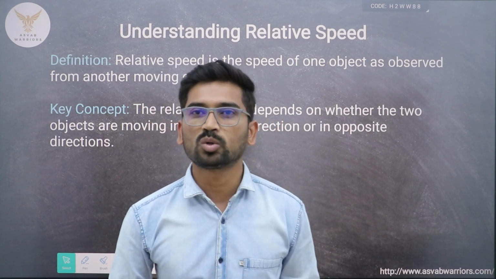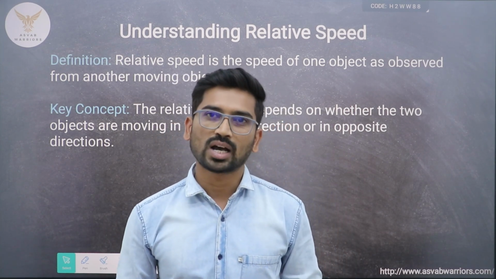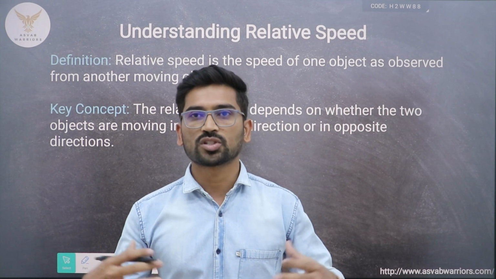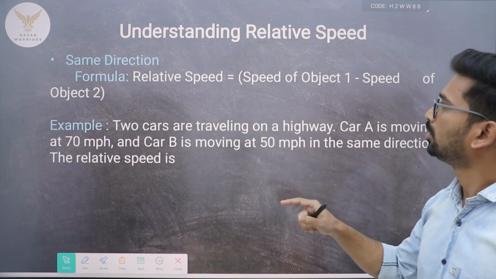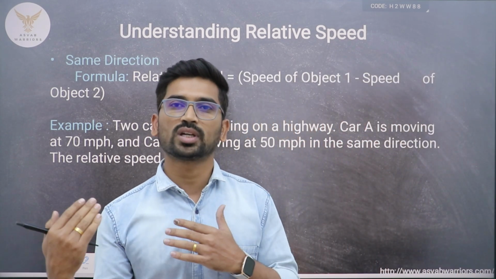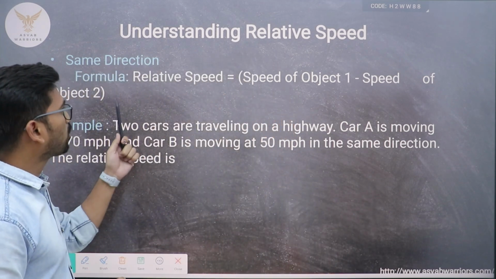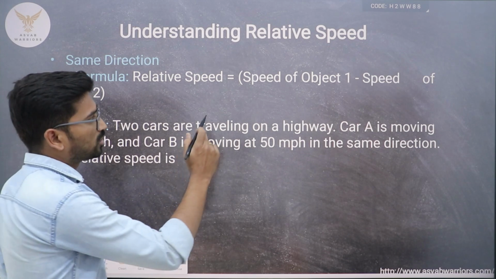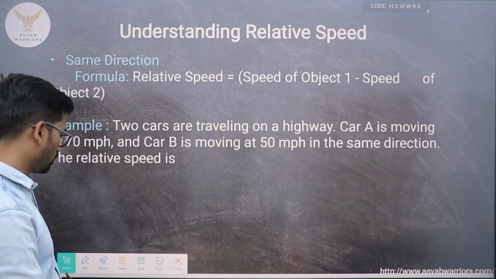So let us see how to calculate the relative speed of vehicles when they are moving away from each other or approaching towards each other. Now we have two formulas. The first one is for when the vehicles are moving in the same direction. For the same direction, the formula for relative speed is speed of object 1 minus speed of object 2.